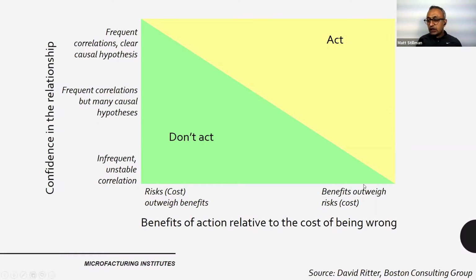But if benefits outweigh costs, then I guess correlation is fine, because the chance of you going wrong is not that high. So let me put that in the context of some examples.